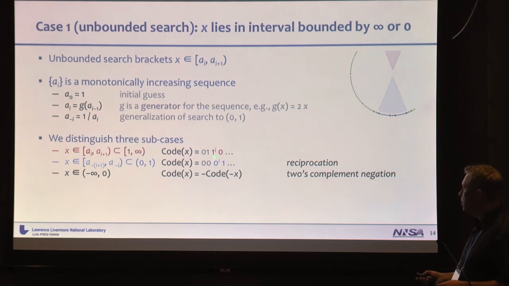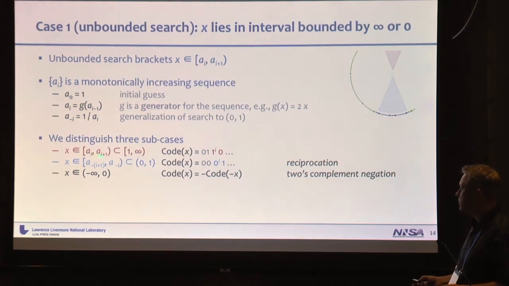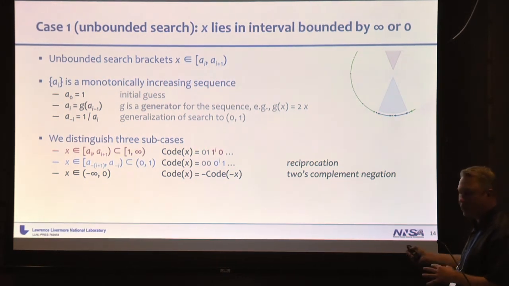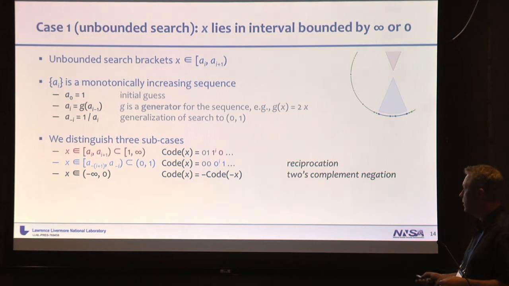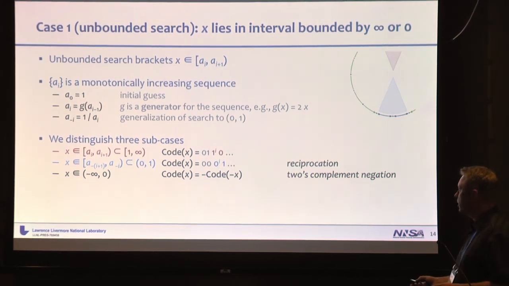We know that this index i tells us where we are in the bracketing sequence, and we encode that in unary code: i 1 bits followed by a 0 bit. That gives you the prefix of the code, and then we do additional refinement later and append additional bits at the end. But this is what the prefix of this code looks like for numbers between 1 and infinity.